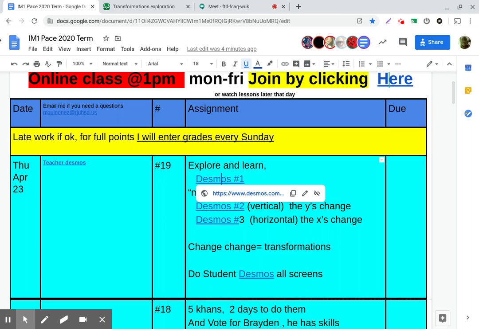So I'm going to take some time on this one, but can everybody open up the pace? Does the pace open up automatically for you at 1 o'clock? Does it open up automatically?